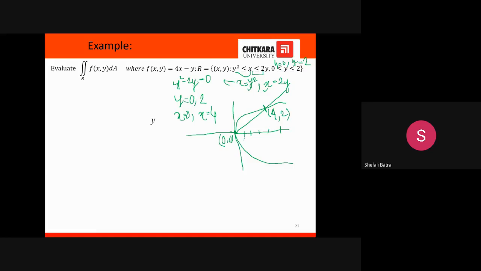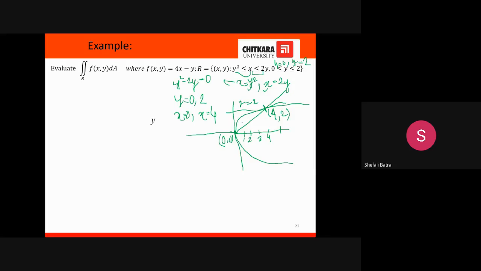We'll be taking this 1, 2, 3, and 4. So this point is your 4, comma 2. Right? And then from here y is equal to 0, that is your x-axis, and y is equal to 2. So you will be writing here this line y is equal to 2.